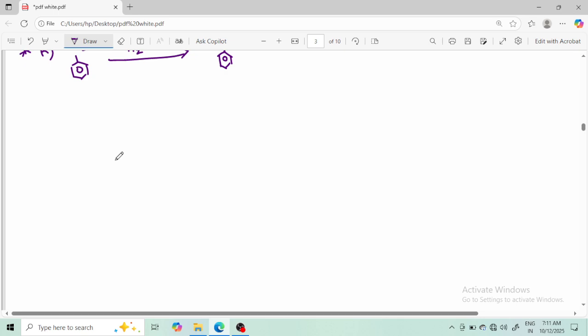Now another set of reactions that they ask from benzene diazonium salt is called coupling reaction. So in coupling reaction, you have to remember one structure.